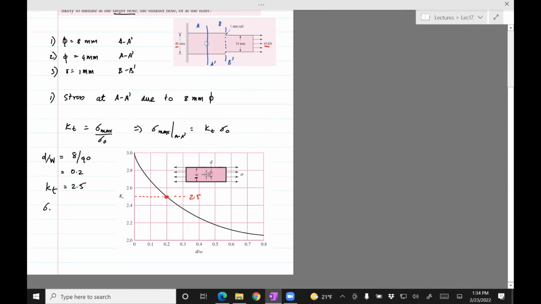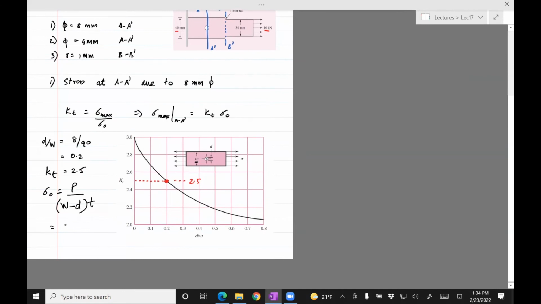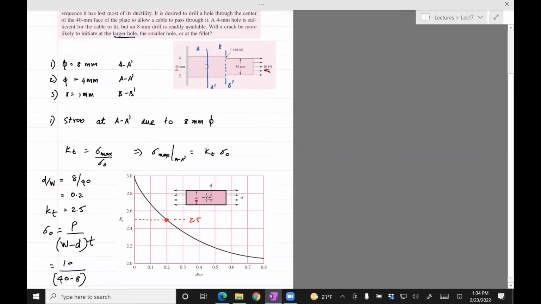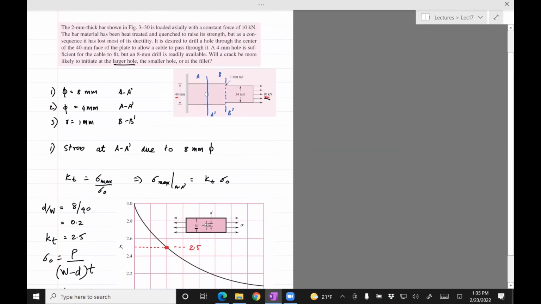Okay, then sigma 0 is the force divided by W minus D times T. So P is 10 here. W is 40 minus 8, times thickness, which is 2.